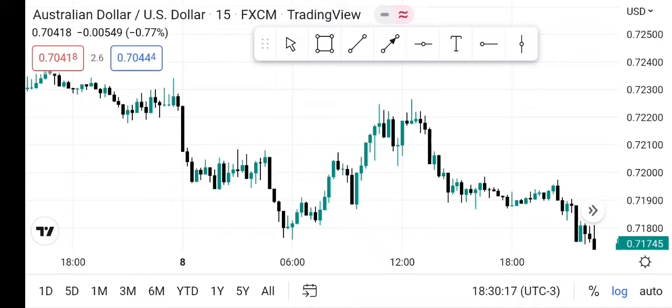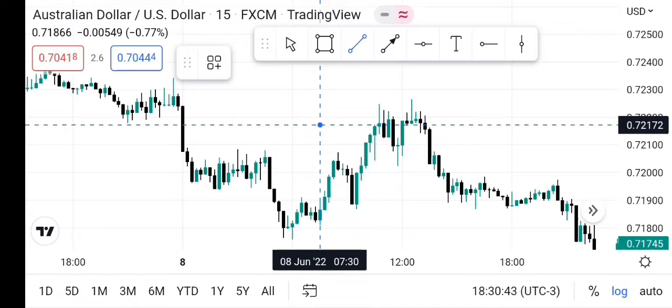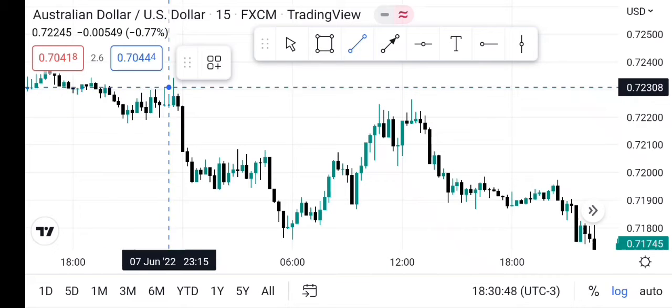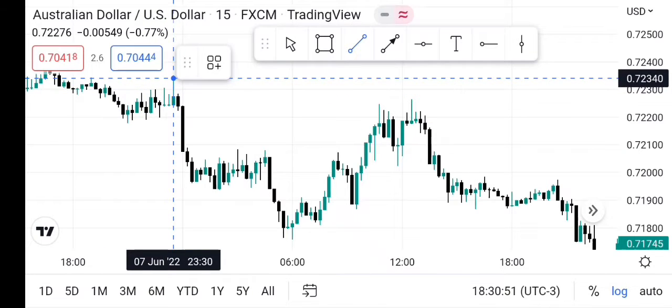Okay, so let's proceed. Today I'm going to be teaching how you're going to use swing highs and swing lows in your trading. Now, let's identify a swing high and a swing low. Let's start with this point right there.